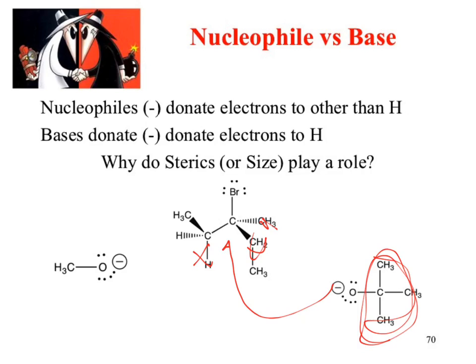Which means the structure on the right can't act as a nucleophile. It can only act as a base. So if I want to do an elimination reaction, which of those two bases should I use? The right side, because the right side will primarily give me the elimination because it can only act as a base. If I wanted to do a substitution, then I'd shift to the left side.